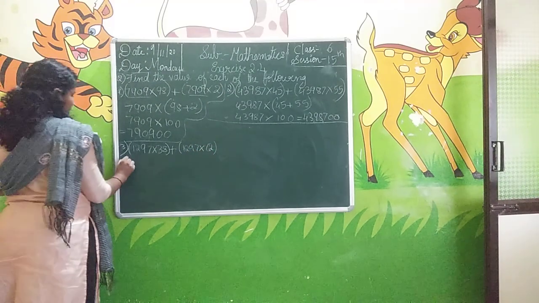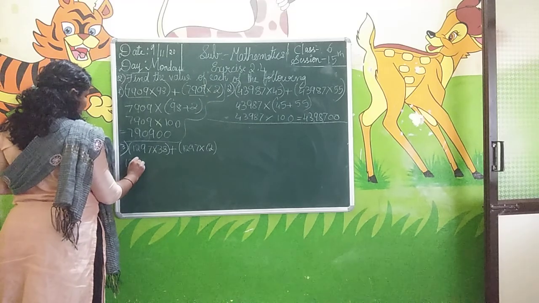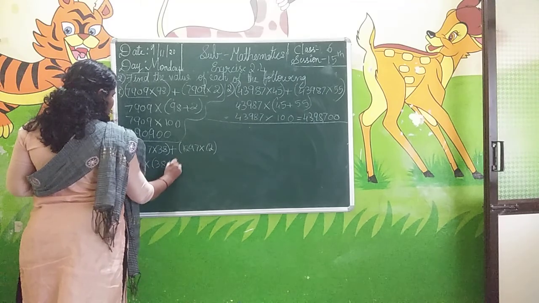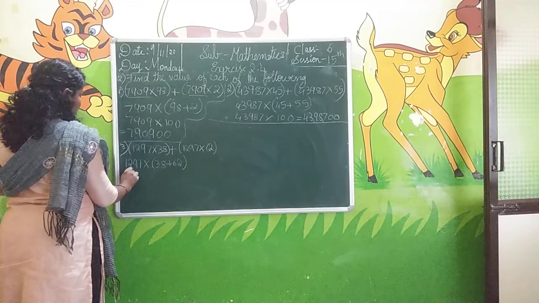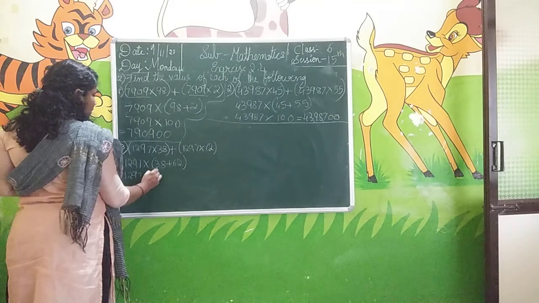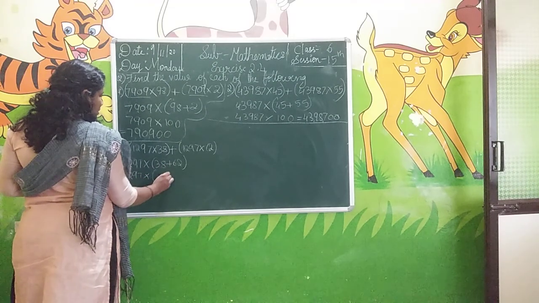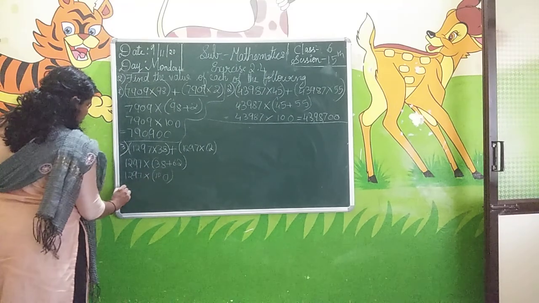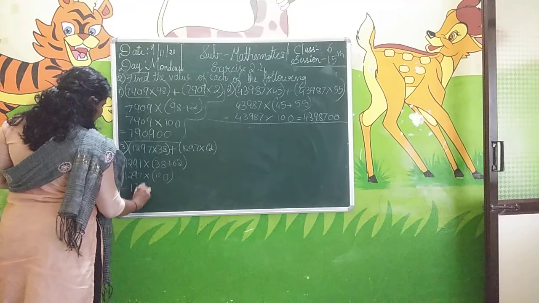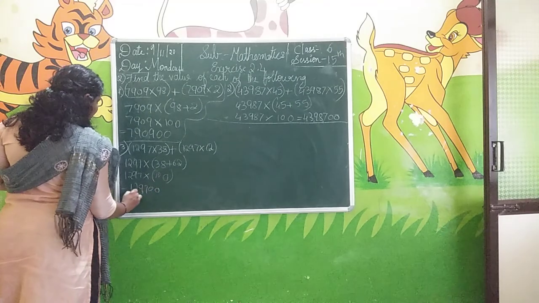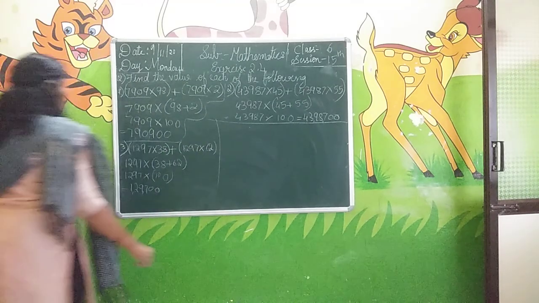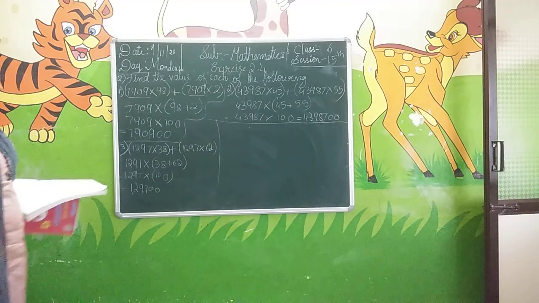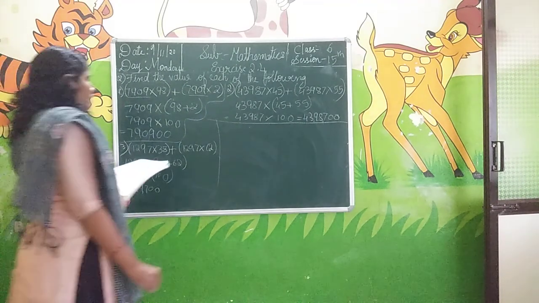Take this a single time, that is 1297 multiplied with 38 plus 62. 8 plus 2 is 10, 1 carry, 6 plus 3 is 9, 9 plus 1 is 10. Okay, 100 we got. So we get 1,29,700 as the answer. This is also the distributive property of multiplication over addition.